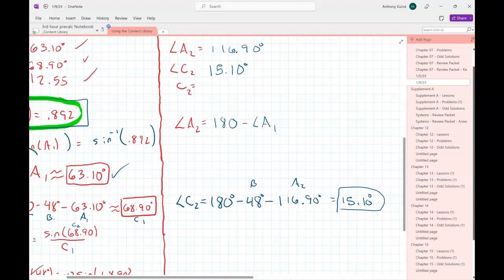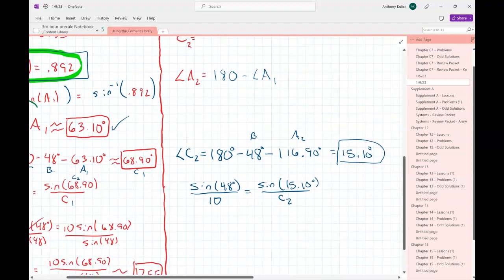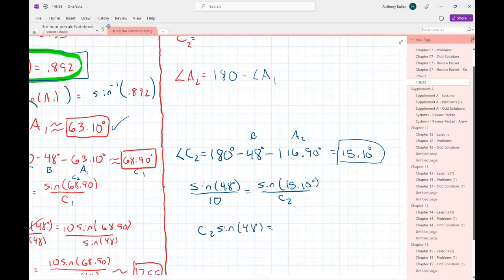And then to get side C2, I'm going to set up a law of sines. So I'll do sine of B over b equals sine of C2 over side c2. Cross multiply, and then to get c2 by itself, I'll divide by sine 48.